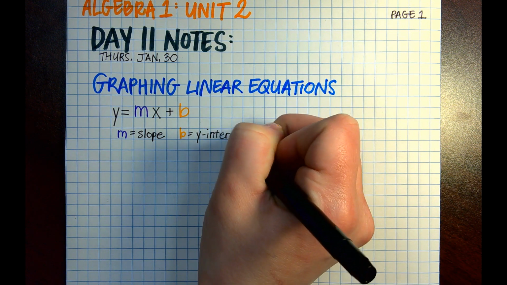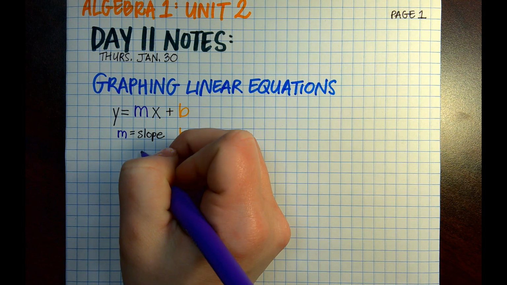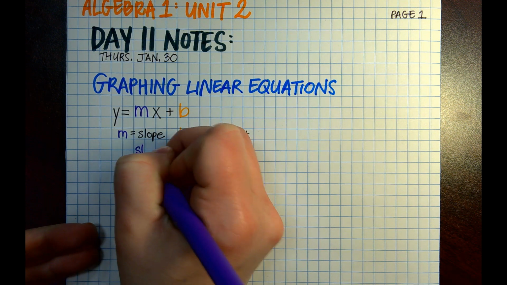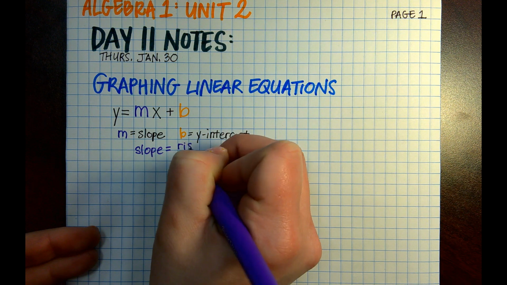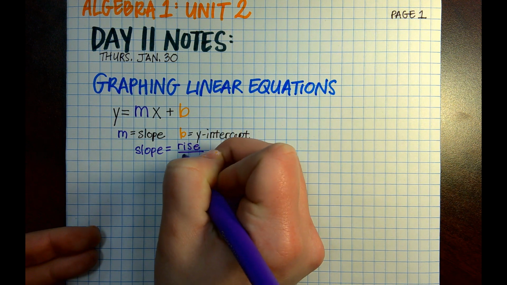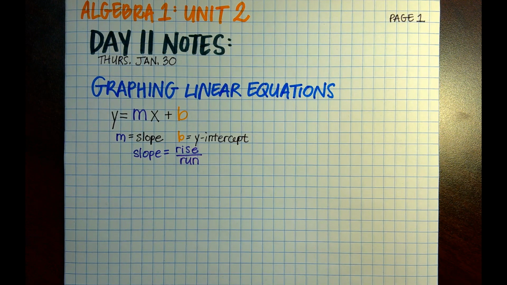And we also know that slope is rise over run. And in all of the problems I've given you since yesterday, our slope has always been written as a fraction.